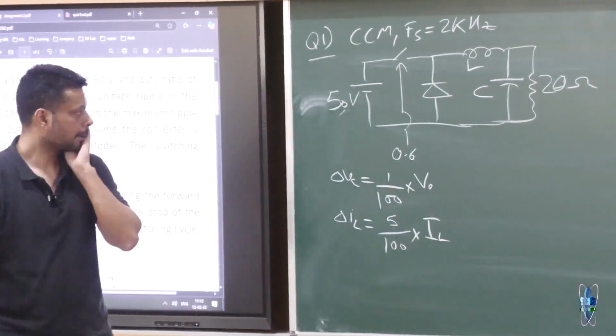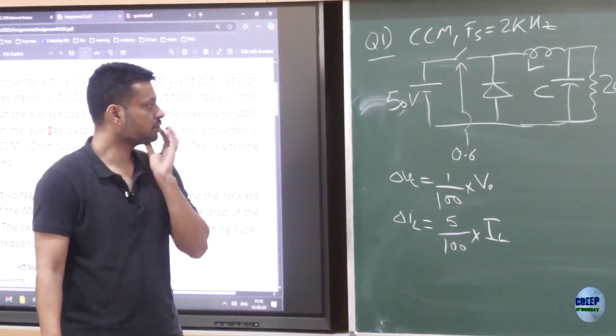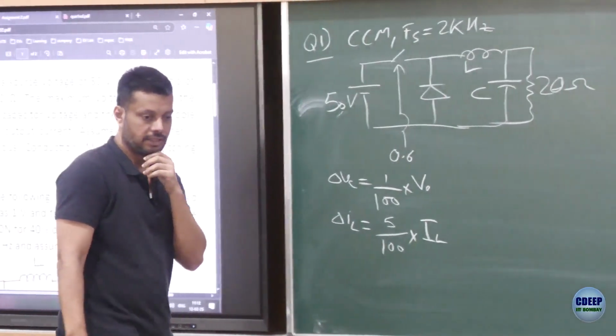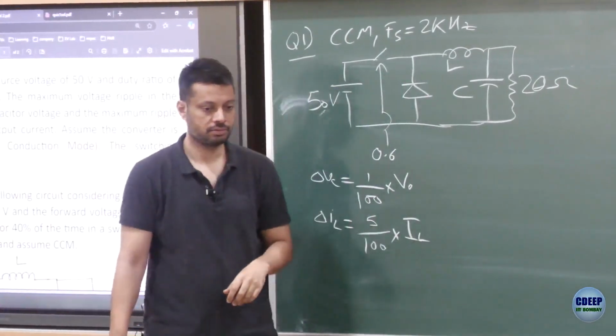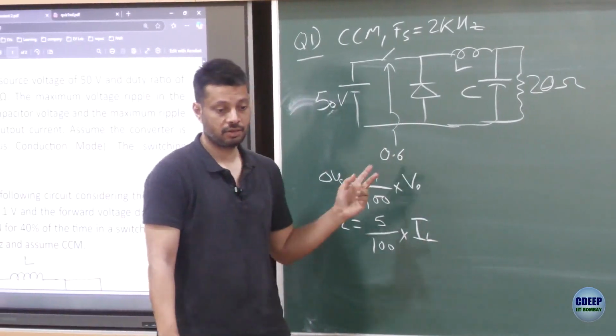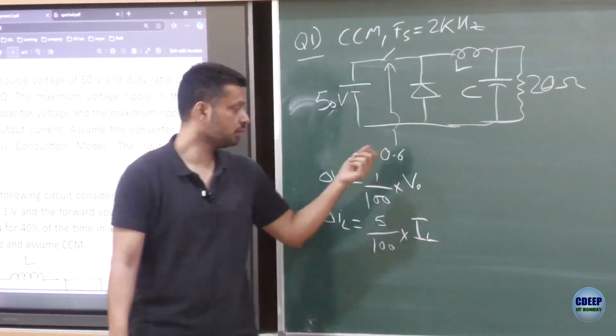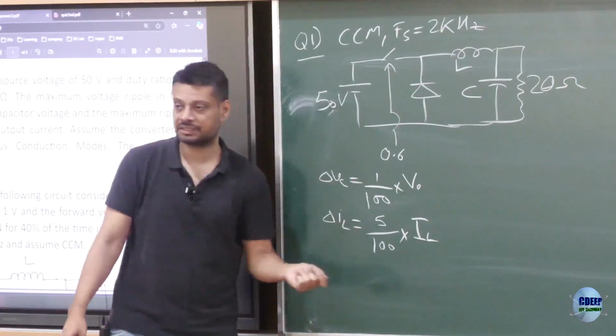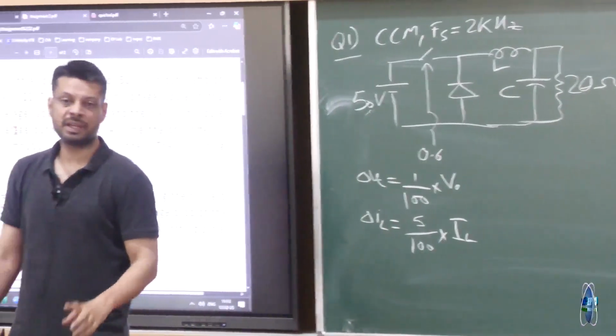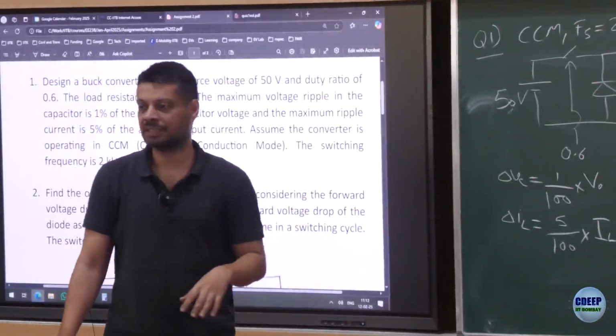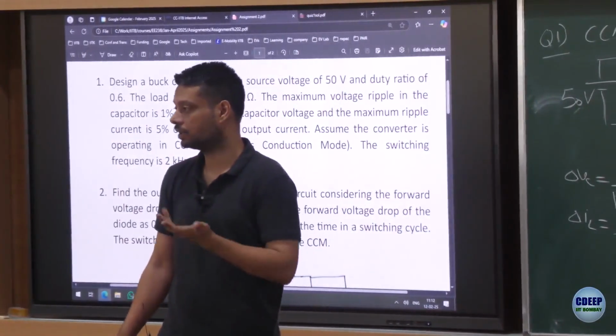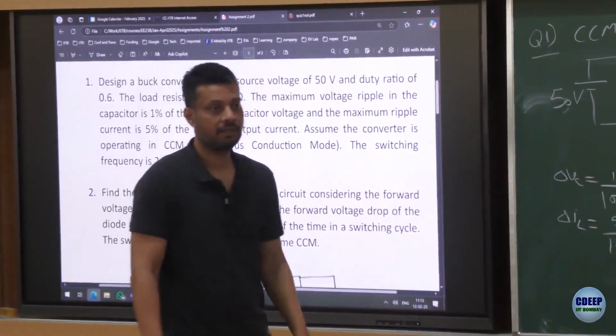Okay, I think this looks straightforward, but we have not given you the answer, so you may not know whether you have done it correctly or not. But before we do that, few things. If you see these values, 1% and 5%, typically the output voltage ripple 1% is practical, right? You would expect that kind of constraint.